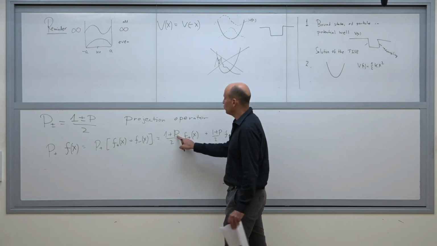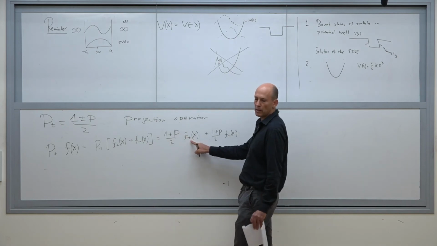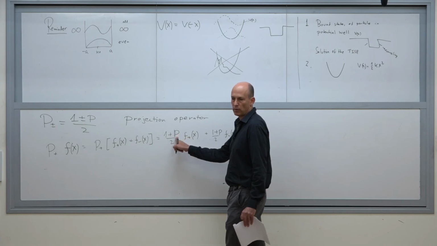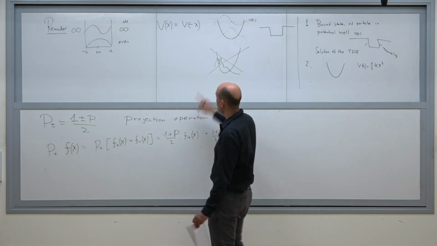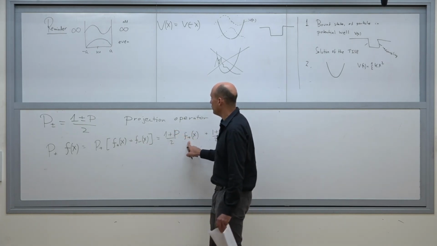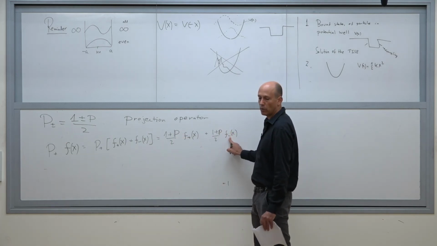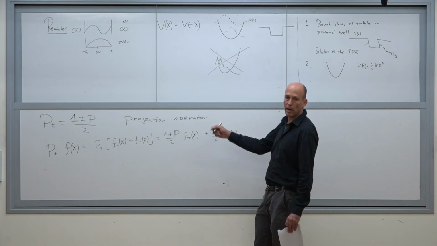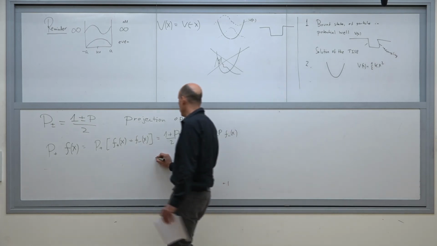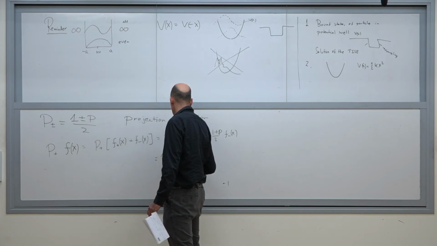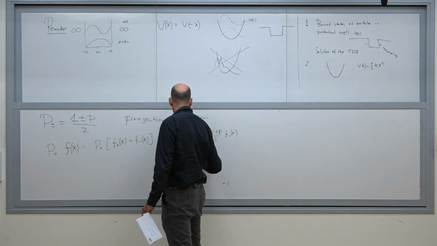What will happen when you take P plus operating on F plus? You get +1, because as I said before, when P acts on an even function, you get +1. What happens when you have P acting on F minus? I get -1. So what I get here is (1+1)/2 F plus, (1-1)/2 F minus.